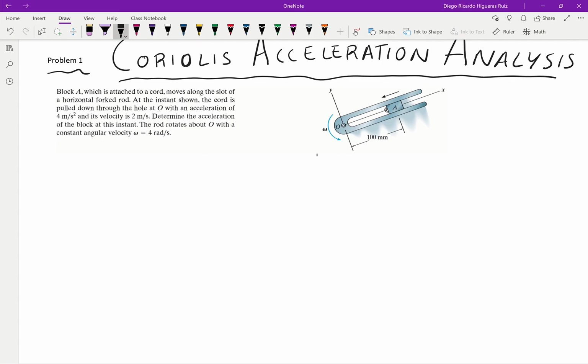Alright, so we are given here our system, our mechanism. Basically we're gonna have this forked rod that is gonna be rotating about point O, and at the same time inside that rod we're gonna have a block A that is gonna be moving with the entire system, but also moving towards point O independently, right?